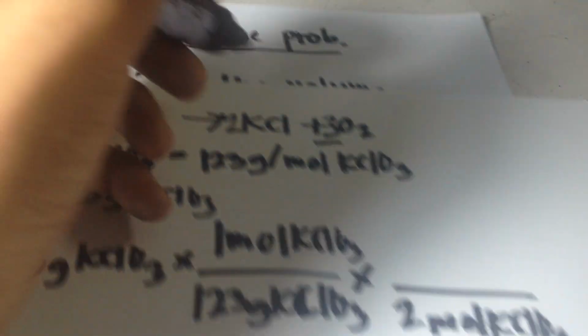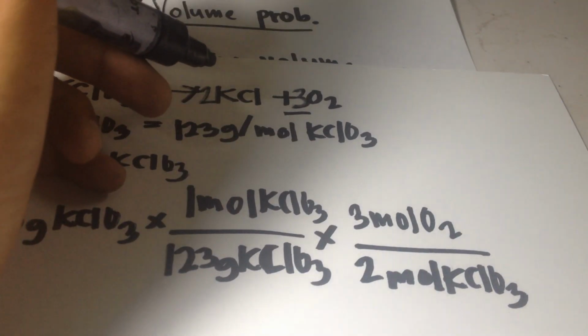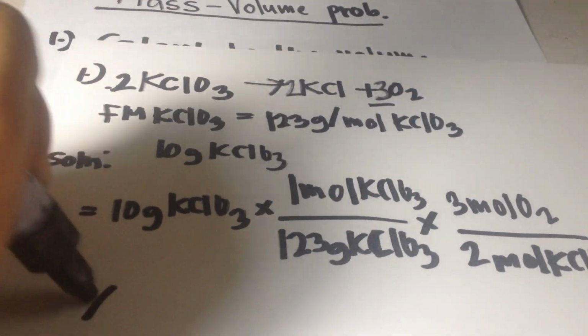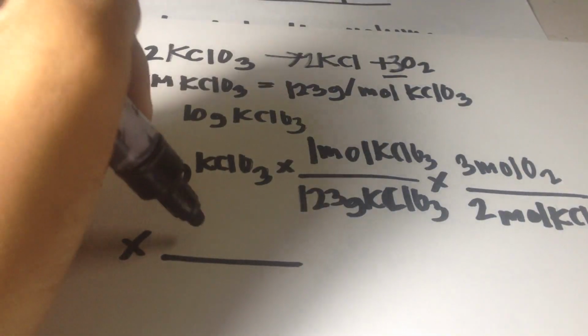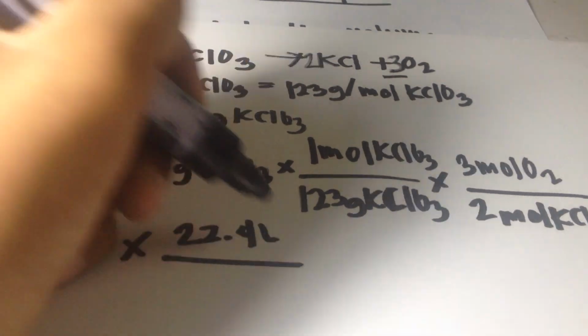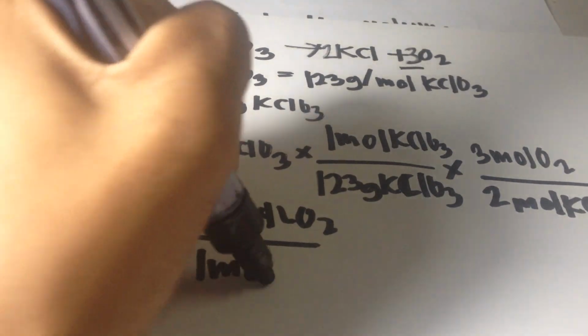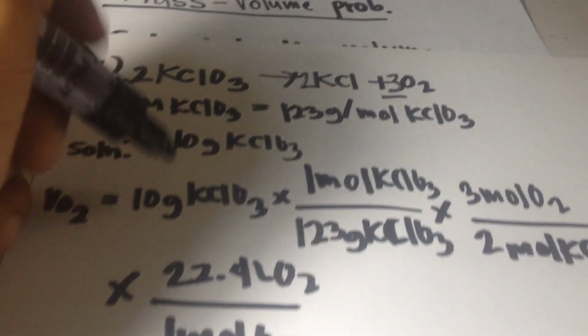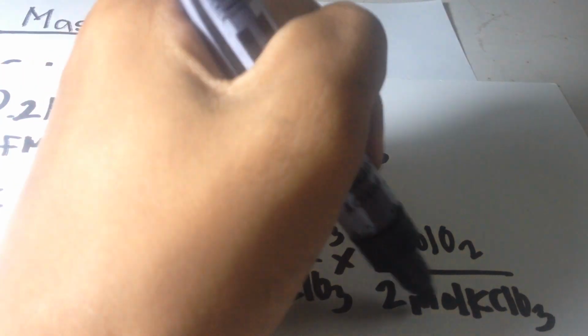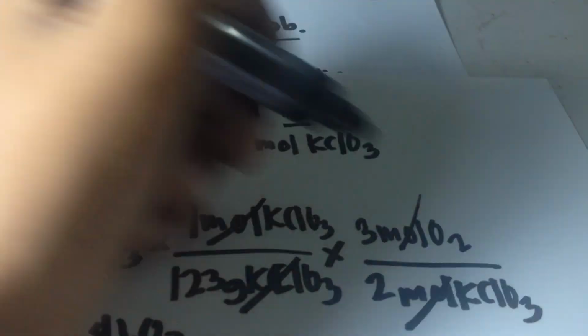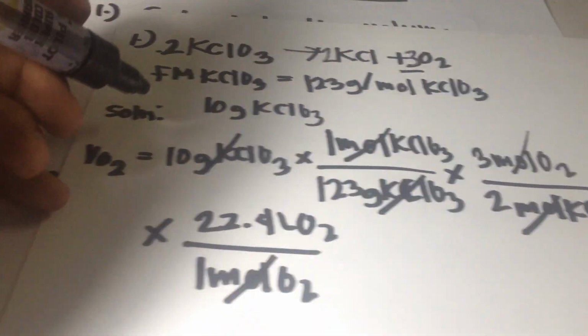It's 3 moles of oxygen gas, times the volume at STP, which is 22.4 liters of oxygen gas over 1 mole of oxygen gas. So cancel out the grams, moles of potassium chlorate, and moles of oxygen.